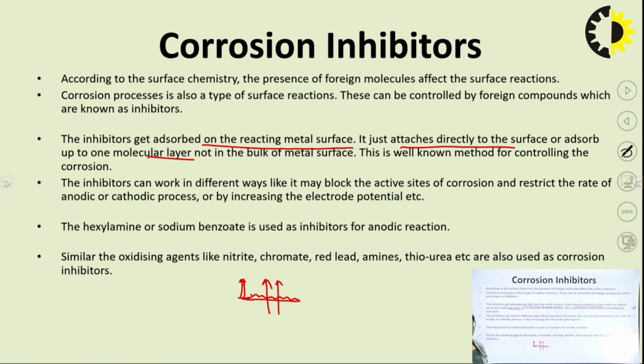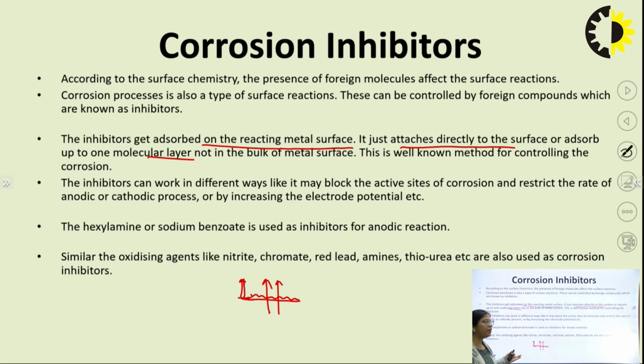So they can work in different manners. The xylamine or the sodium benzoate are used as inhibitors for anodic reactions. Similarly, oxidizing agents like nitrites, chromates, amines, and thioureas are also used as corrosion inhibitors.